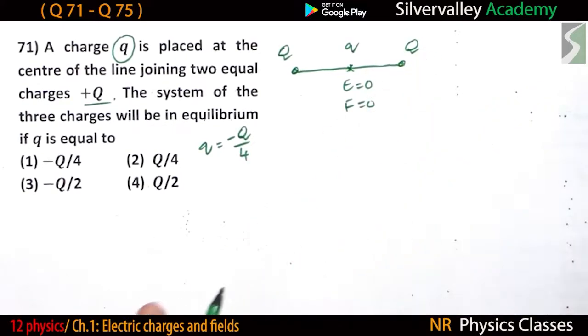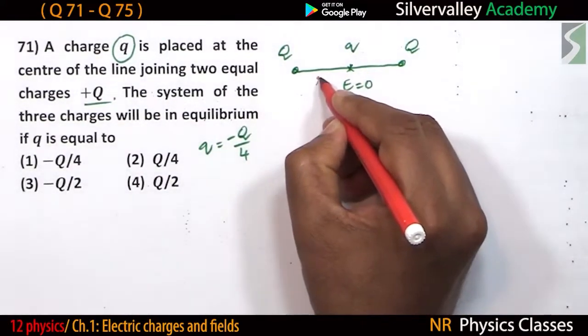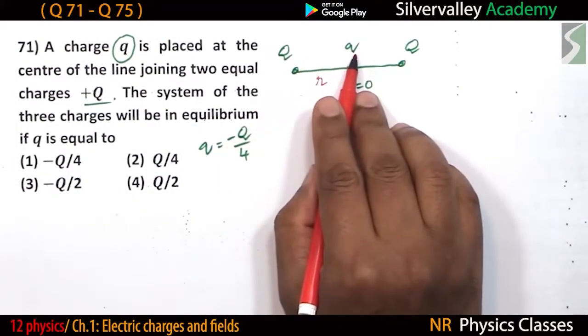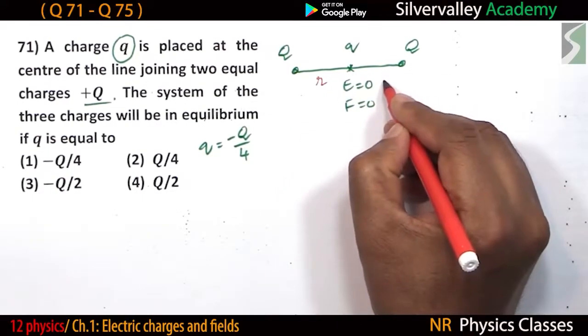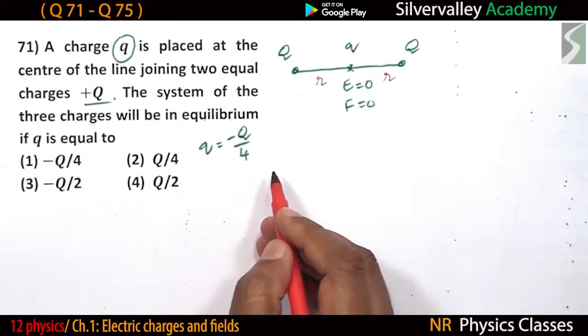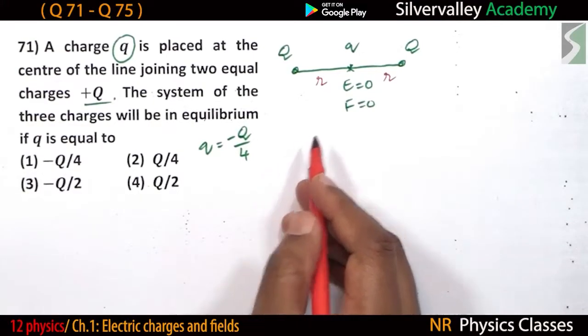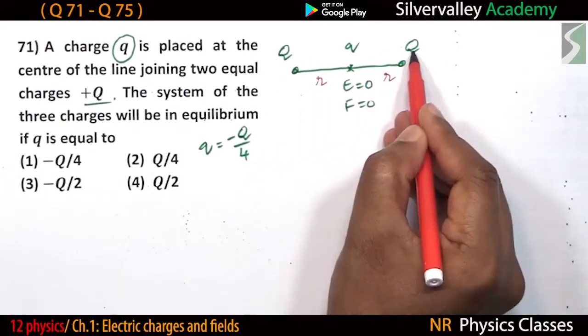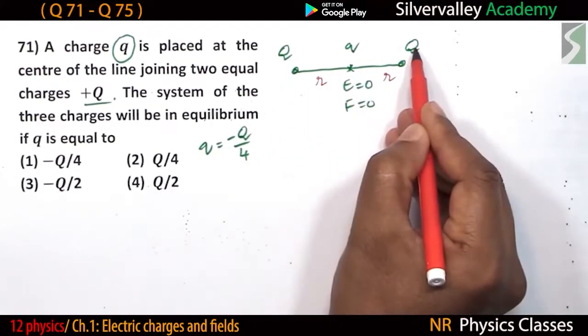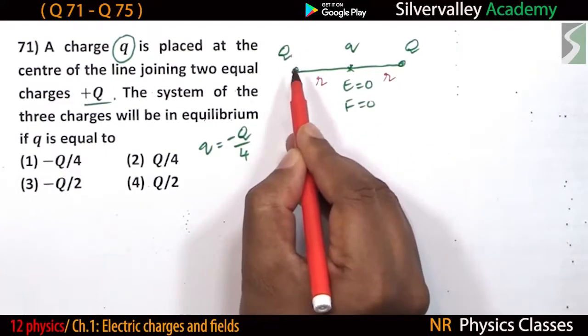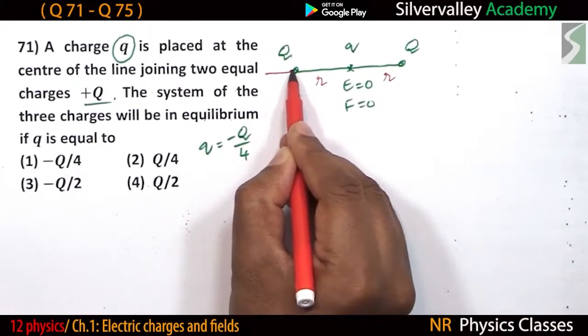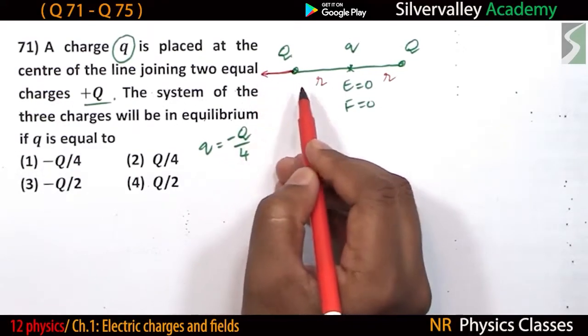Now, let r be the distance between Q and q. The second distance is also r. These two are identical charges, Q and Q. Because of Q and Q, this charge experiences repulsion in this direction, isn't it?